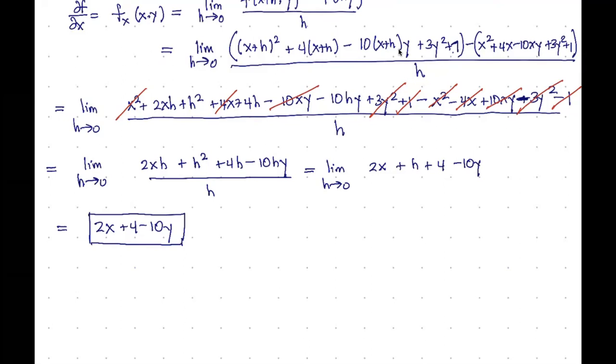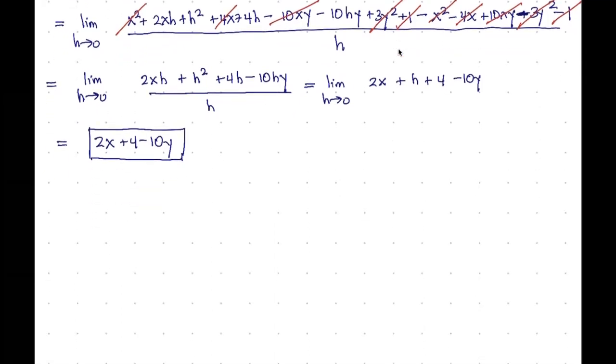Try this on your own for the partial derivative of f with respect to y. I'll get it set up for you. We know that using the definition, this is going to be the limit as k approaches 0 of f of x, y plus k, minus f of x, y, all over k.